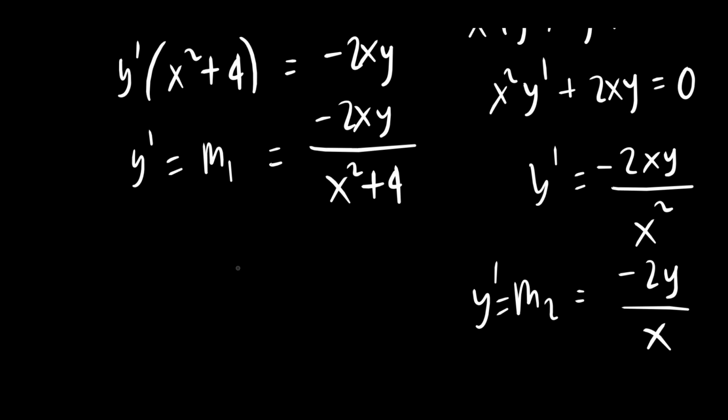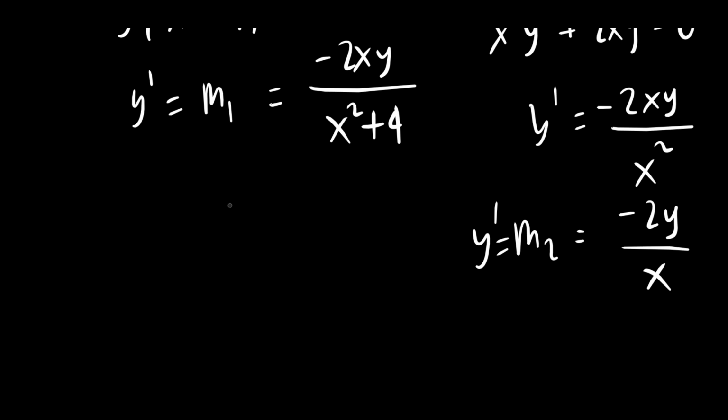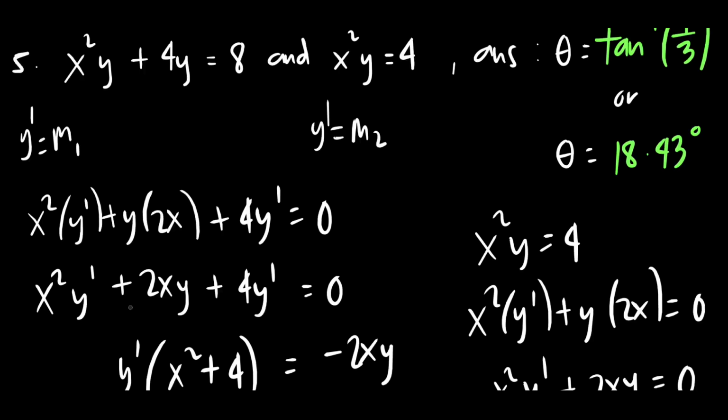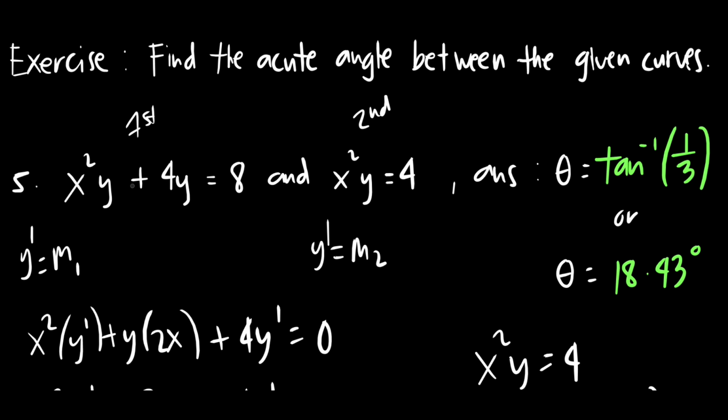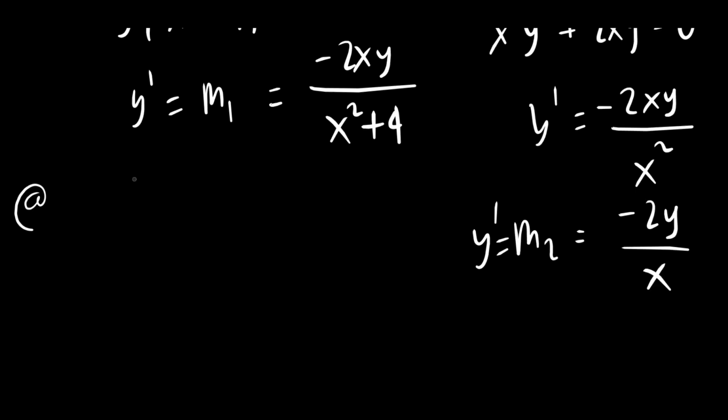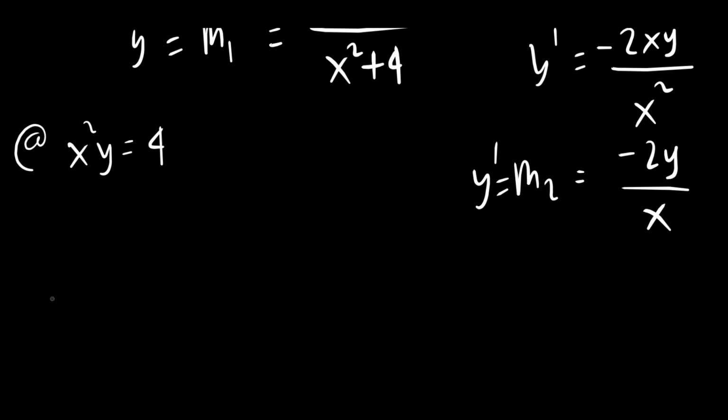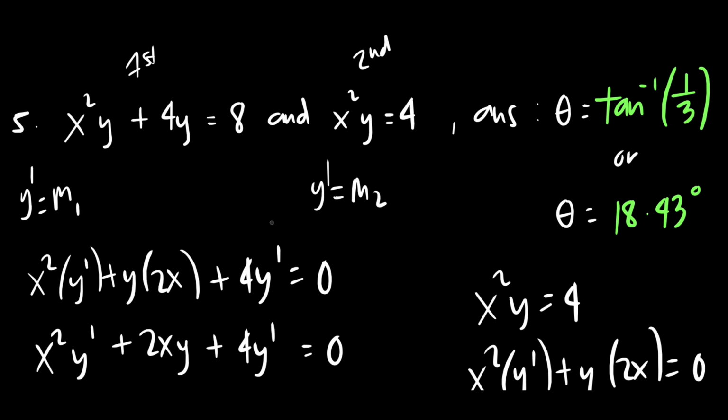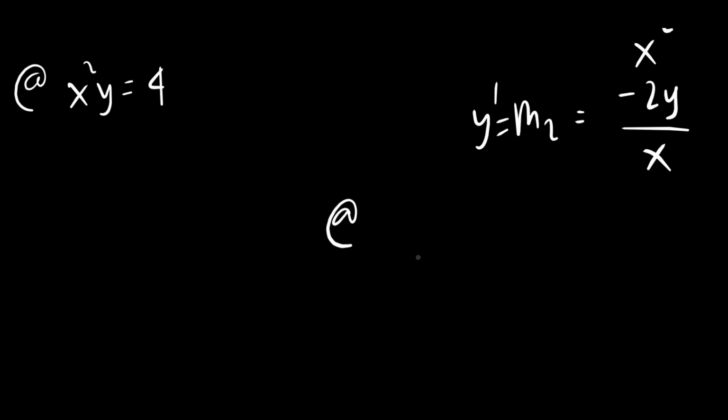The values of x and y are not available, so now let's try to find the values of x and y. By using the given curves, at x squared y equals 4, and the first curve is x squared y plus 4y equals 8.